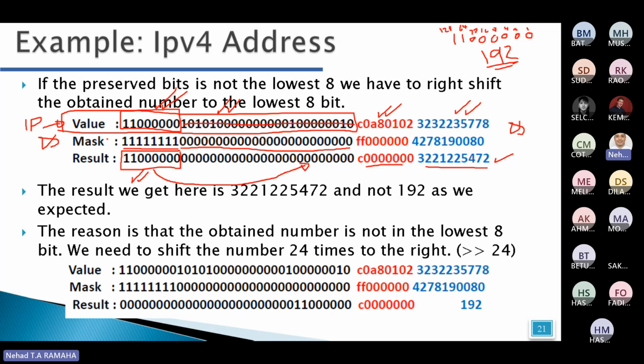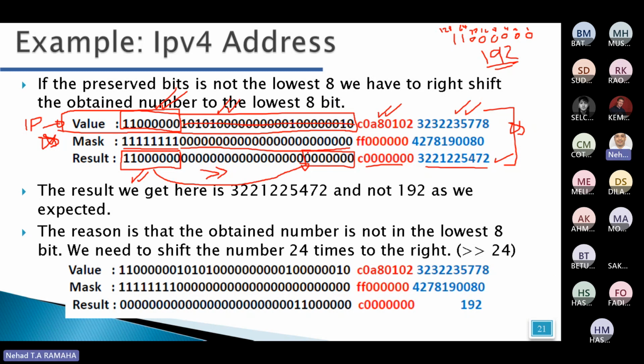So it's simple. After we do this, what we will do here is shift. We will shift this number to come to its correct position so we can read it. So this operation has only one mistake, that the result needs a shift.